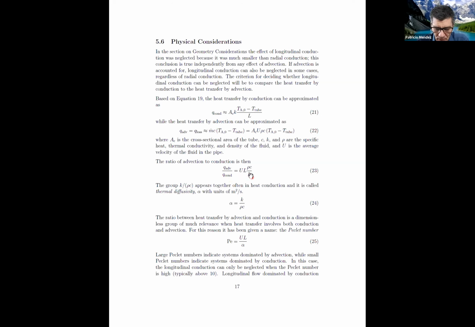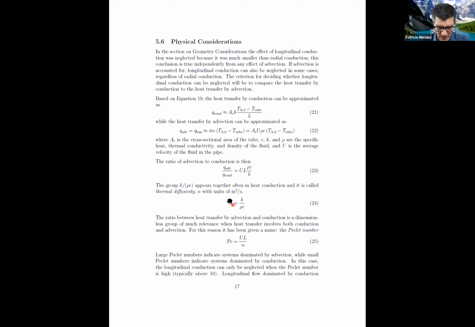This part here, these three things together, K over rho Cp, appears all the time in heat transfer, and it has a name. K over rho Cp is thermal diffusivity and has units of meters squared per second, same units as any other type of diffusivity.